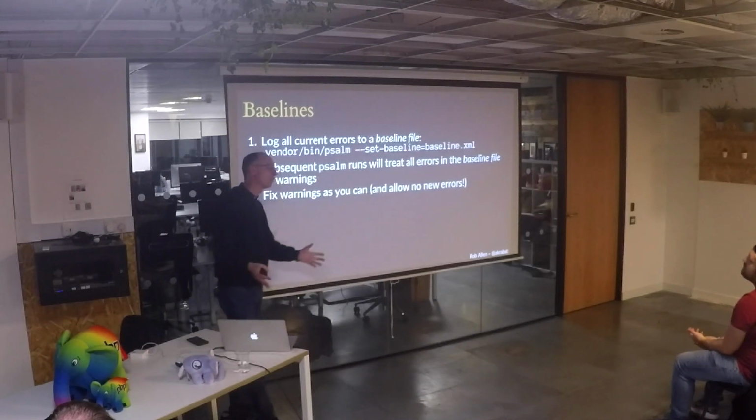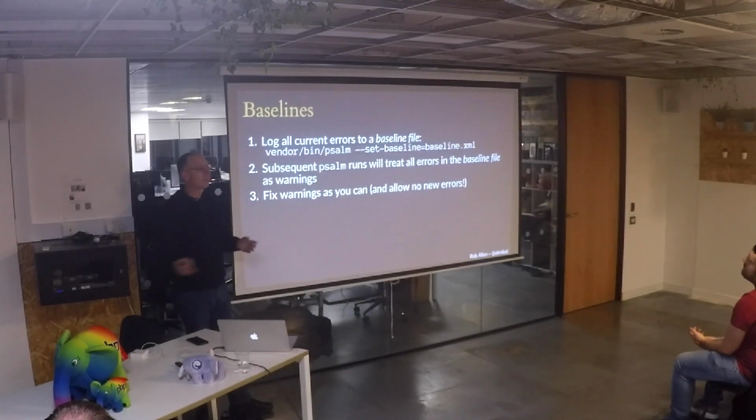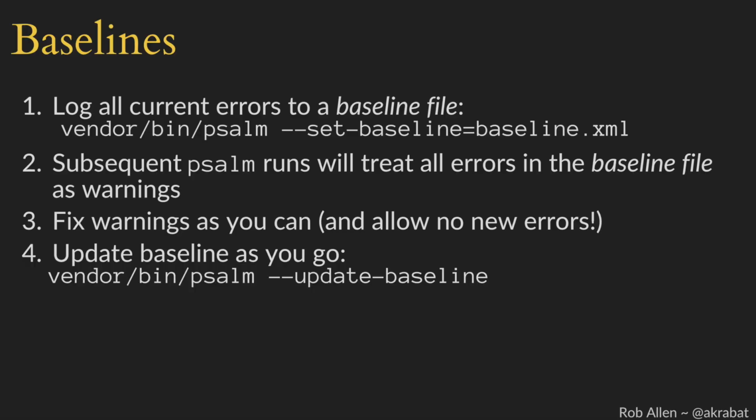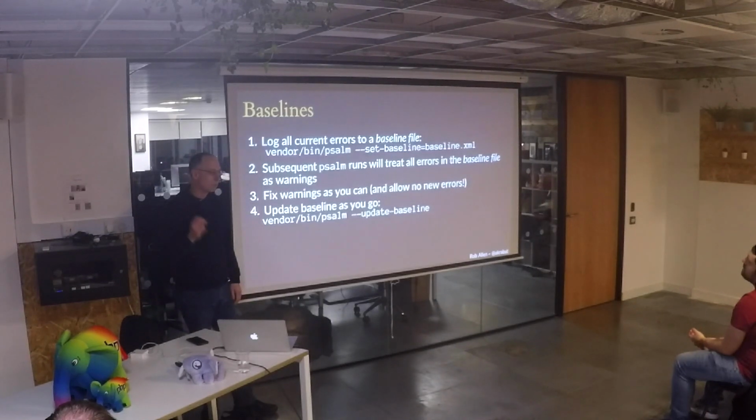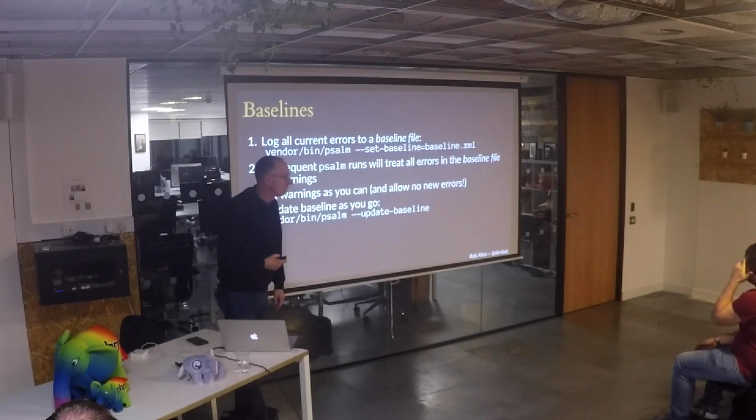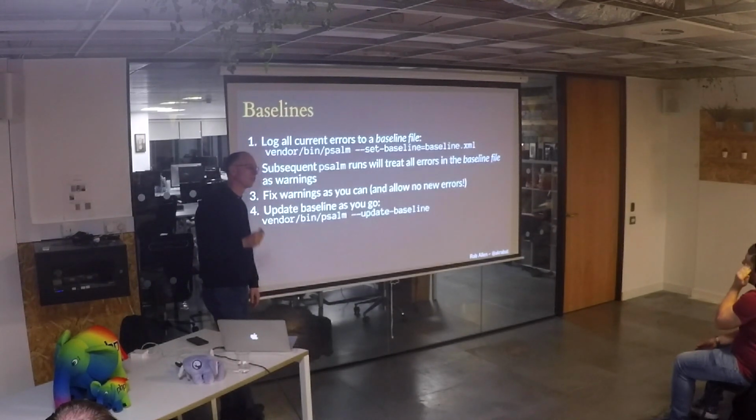Maybe I can set aside Fridays and do a whole swathe of them. Once I've done that, I can update my baseline file to remove the ignoring of those particular reports because they are now solved. And over time, I will end up with a source code that is not producing errors.